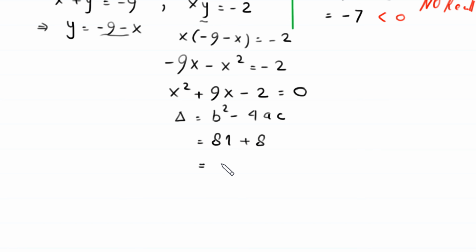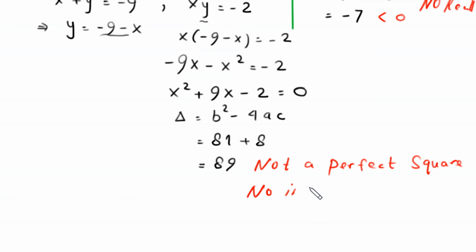So the discriminant is 89, which is not a perfect square. Discriminant is not a perfect square, which means that no integer solutions can be found from this case. So now we move on to case number 4.